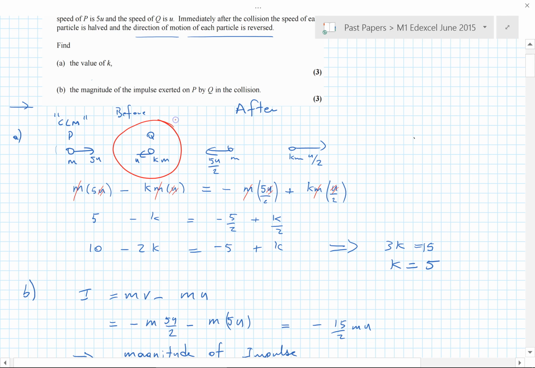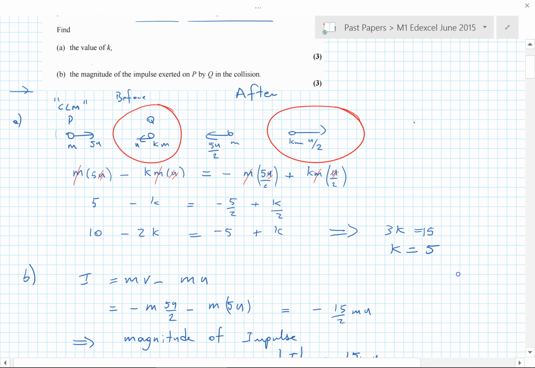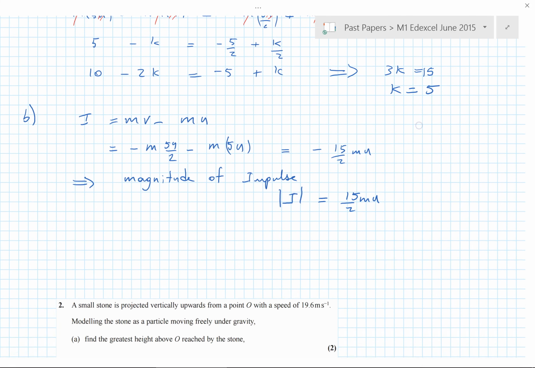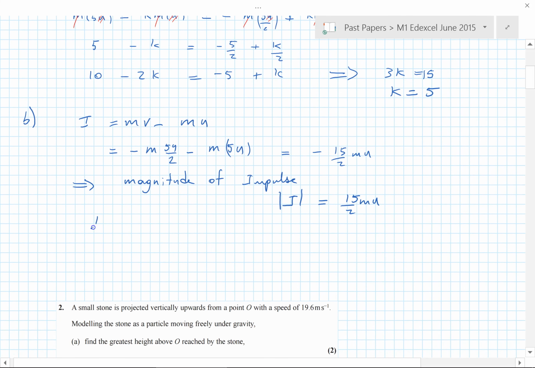Had we chosen Q, the change of momentum of Q, we would have got this. Obviously you don't have to do it twice, but if we used that, we'd have I is equal to mv minus mu.